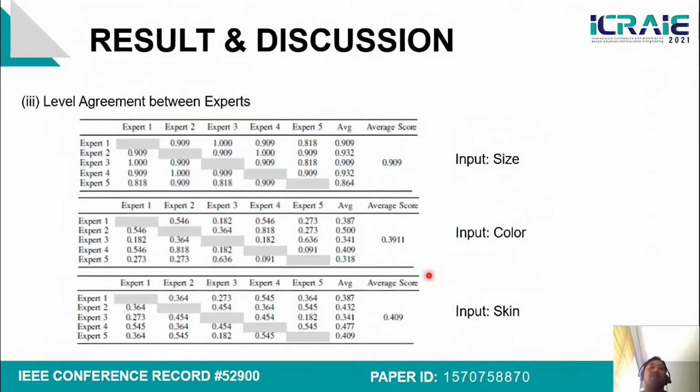However, if you look at the input color and input skin, they have a diversity of answers given by all the experts, with a score of less than 0.5. So we can conclude here that there is diversity in the answers given for input color and input skin.